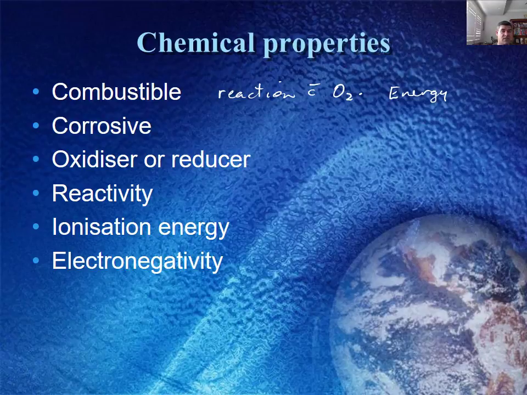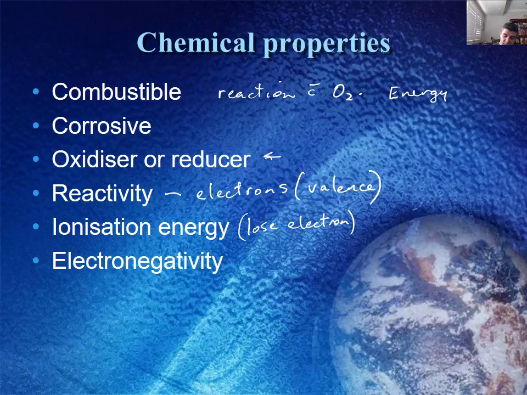How reactive is it? Reactivity is often a function of the electrons in the valence shell, which tells us, does it readily gain electrons or lose electrons, which relates back to its ability to be oxidized or reduced. And also its ionization energy, which is its ability to lose an electron, and its electronegativity, which is its ability to gain an electron.